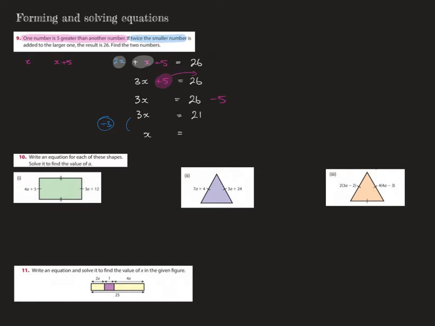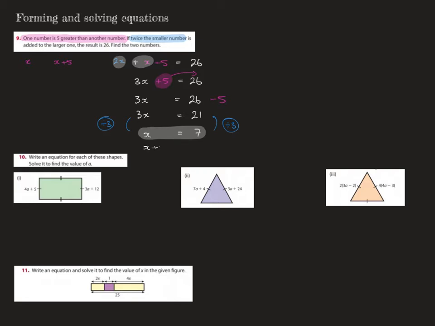If I divide the left by 3, I get x, but I have to make sure I divide the right-hand side by 3. And 21 divided by 3 leaves me with 7. So x is equal to 7 is my number, my smaller number. So my answer is going to be x is equal to 7. And the other number that I'm going to have is going to be x plus 5.